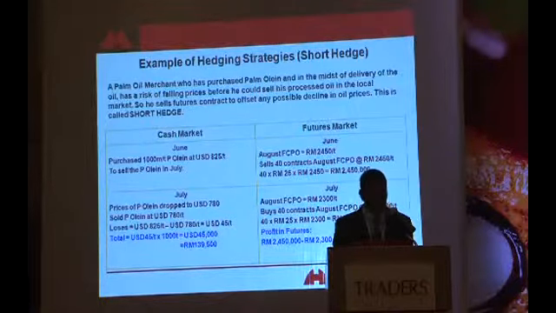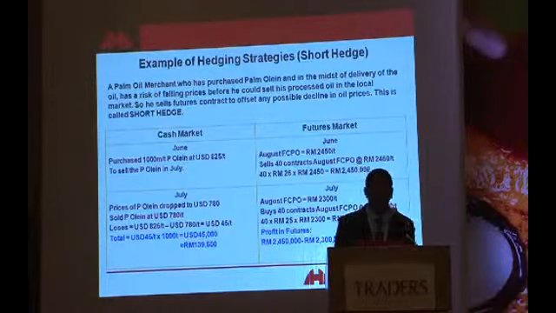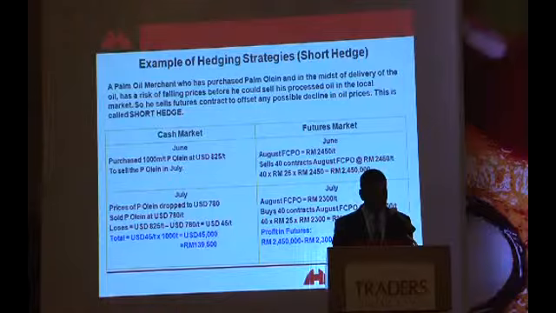If the price drops in July from 825 USD to 780 for the olein prices, the merchant would lose a total of USD 45,000, as you can see in the calculation there.